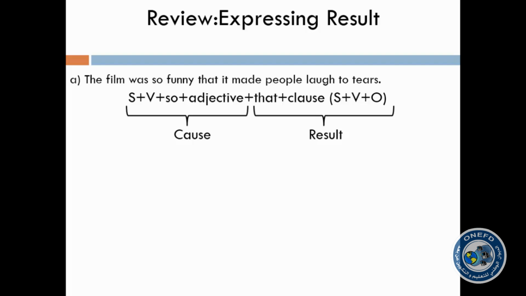In this sentence, we express result using this form: so plus adjective plus that. We have subject plus verb plus so plus adjective plus that plus clause, subject, verb, object. The first part is the cause, and the second part is the result. What comes after "that" is the result.